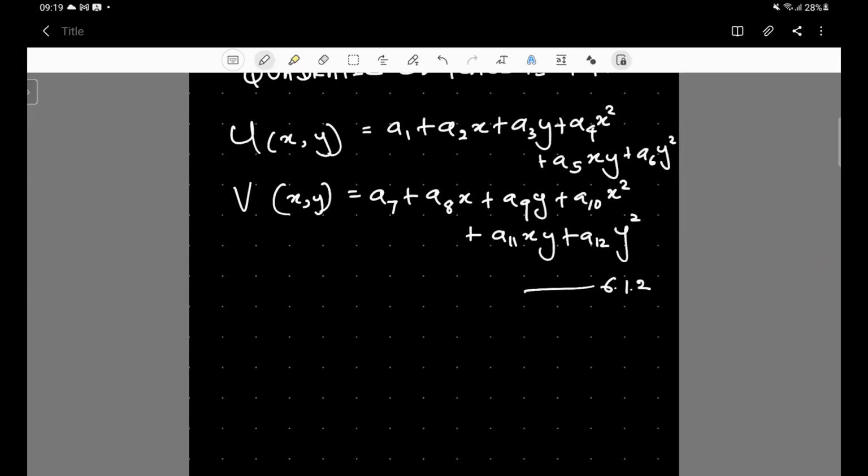So we have used quadratic functions to describe the displacements of each node.